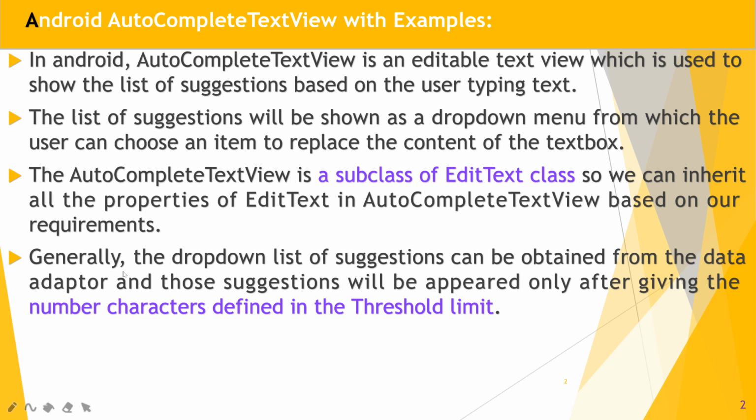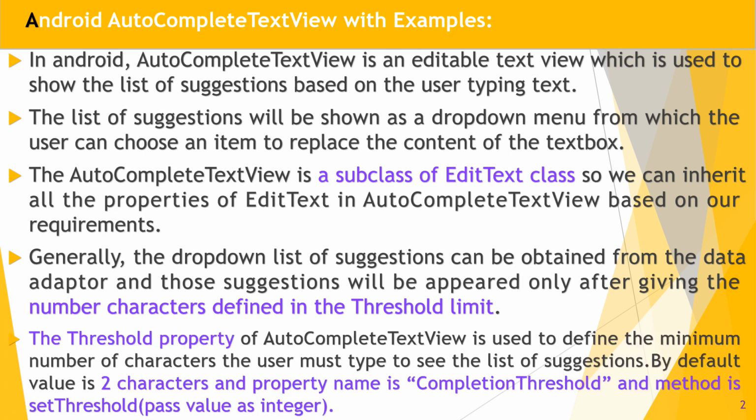Generally, the drop-down list of suggestions can be obtained from the data adapter, and those suggestions will appear only after typing the number of characters defined in the threshold limit. That threshold is a property of autocomplete text view, and it is the most important property.